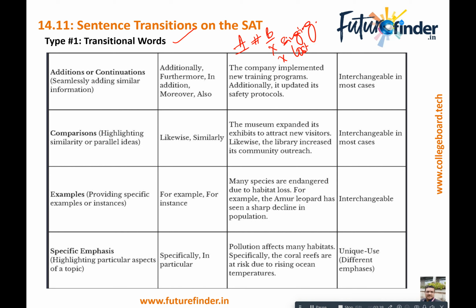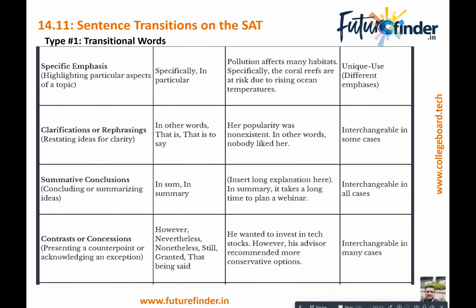So if I'm looking at X is a very good singer and he lost the competition, obviously the transition between the two is one of contrast. It cannot be an addition transition. Though he's a good singer, still he lost. So it would go into a contrast situation, and the basic idea behind contrast is that we would be using words like however, nevertheless, nonetheless, still, granted, that being said, or something like that, right?